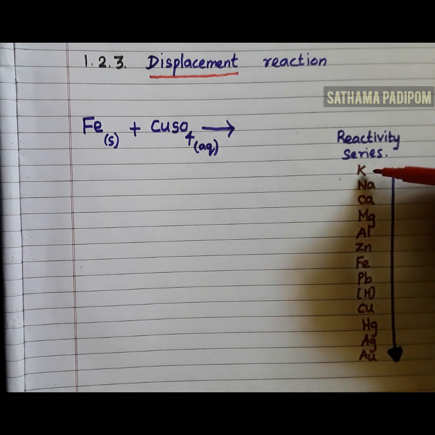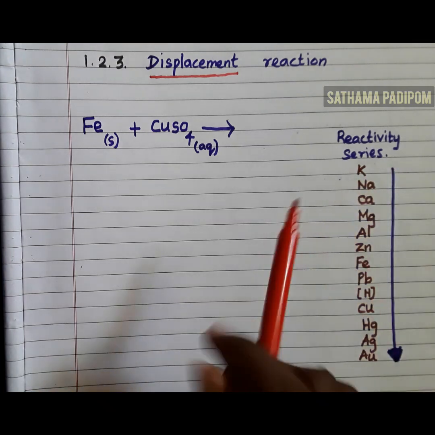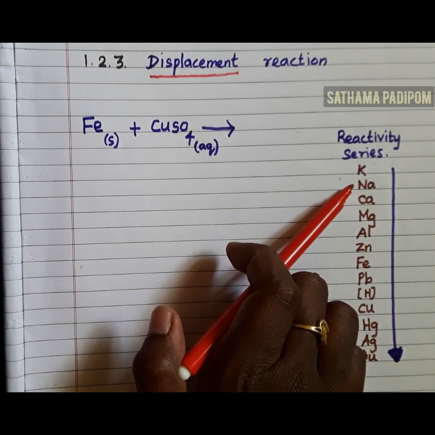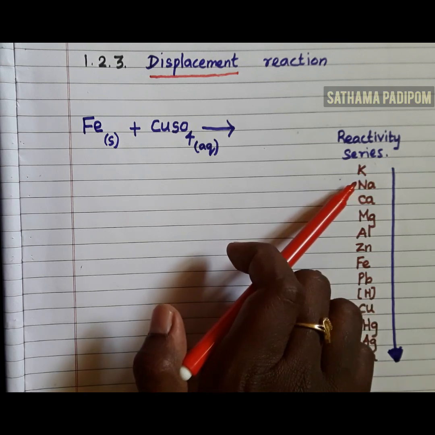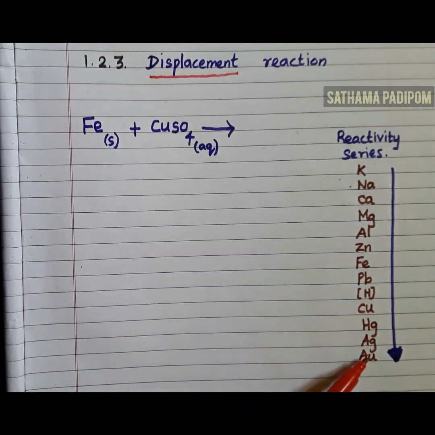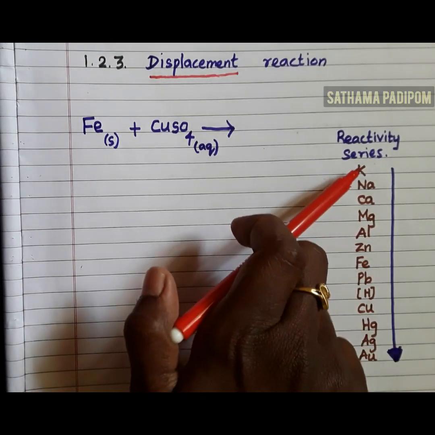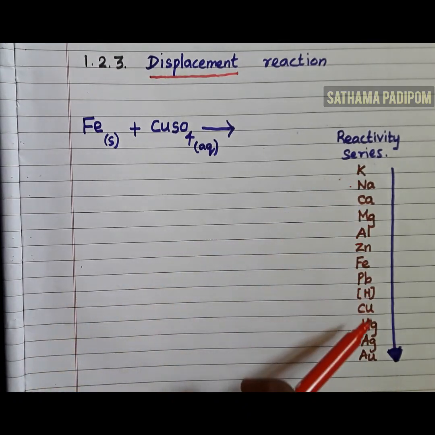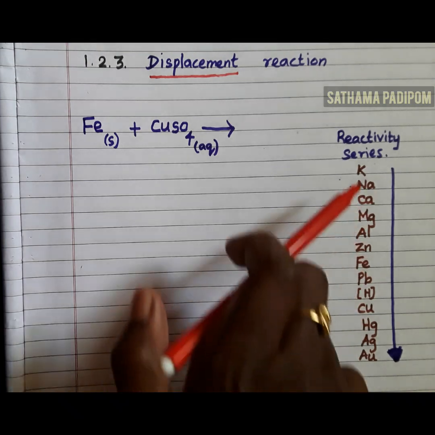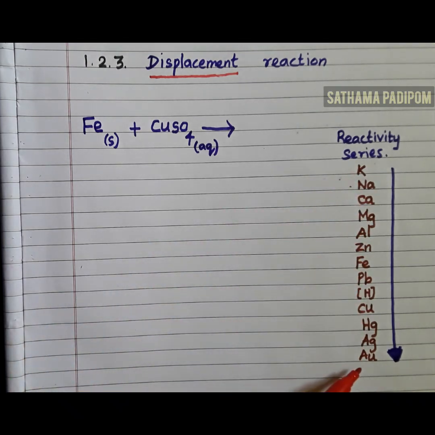K is potassium. It is a highly reactive metal compared to sodium. Potassium and sodium are the highly reactive metals compared to the other elements given here. According to this reactivity series, which is the least reactive metal? Gold, Au. First you should know all the element names here.